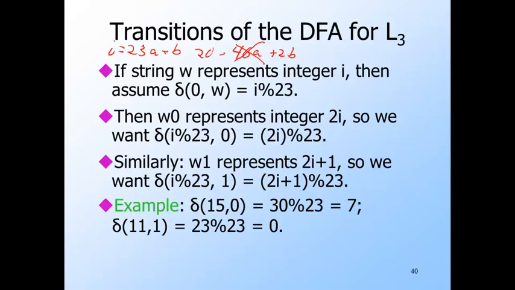From state 11 on input 1 we go to the state that is the remainder of twice 11 plus 1 divided by 23. That's state 0. So whenever a string gets you to state 11, that is, the string leaves a remainder of 11 when divided by 23, that string followed by a 1 must be divisible by 23 and therefore must be accepted.